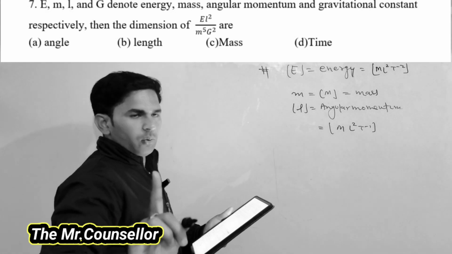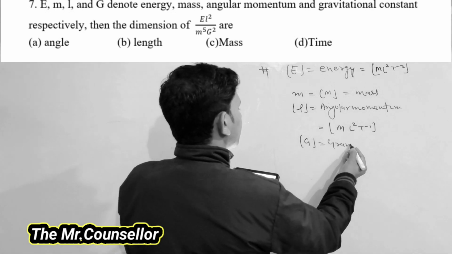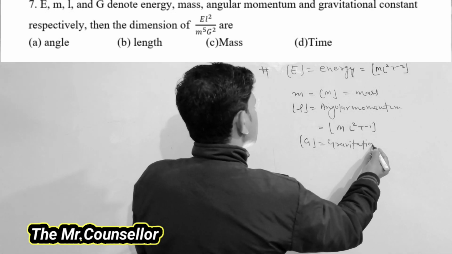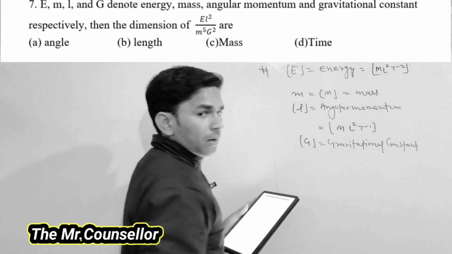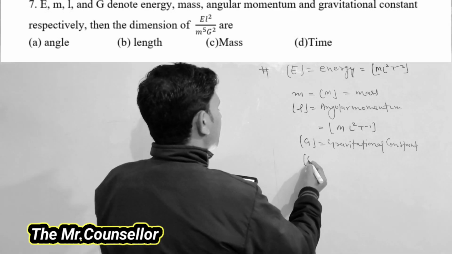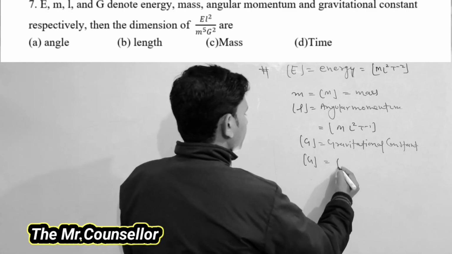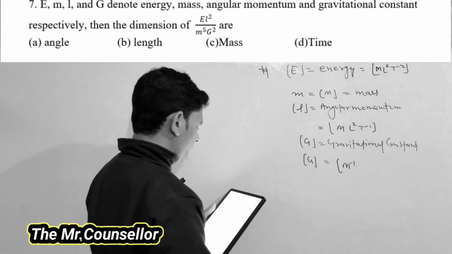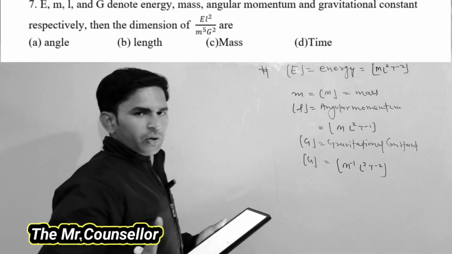Is it okay now? Okay. And capital G is showing the gravitational constant. So you can write down here the dimensional formula of the gravitational constant. You know very well, m minus 1 L cube T minus 2. Is it okay or not?